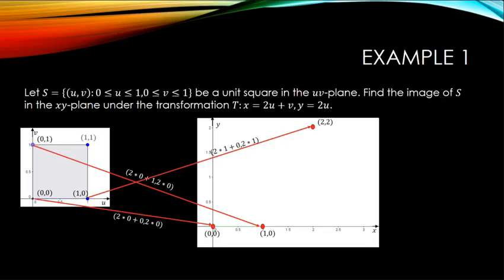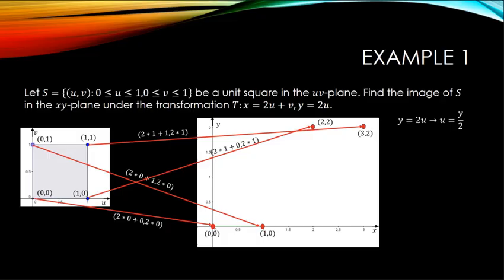And finally, I look at the point (1, 1) in the uv plane and again use the same transformation process, taking 2 times 1 plus 1 and 2 times 1. This maps my upper right vertex for my unit square in the uv plane to the point (3, 2) in the xy plane.